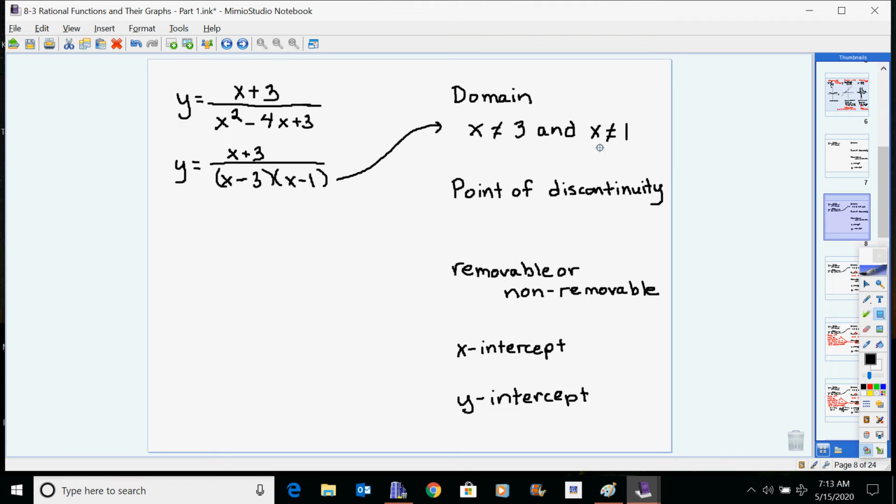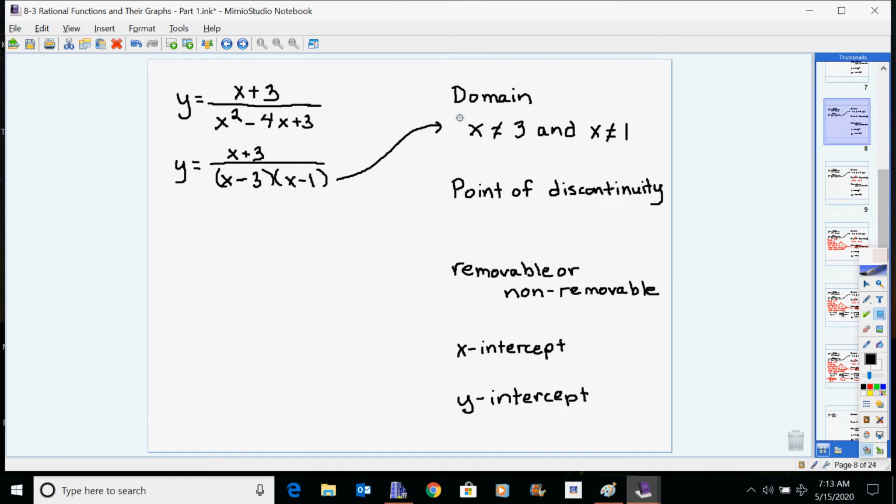And that one's not really anything new. Points of discontinuity come directly from this idea of domain. The points of discontinuity are just 3 and 1. It's just the numbers that actually give you zeros in the denominator. So in this case, there's not one point. There are multiple points of discontinuity.